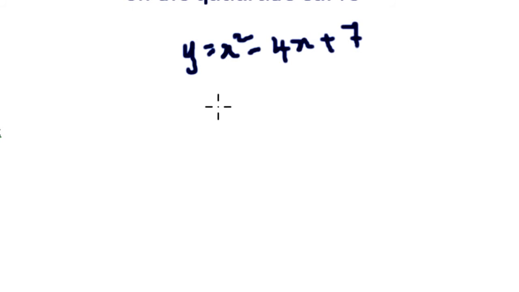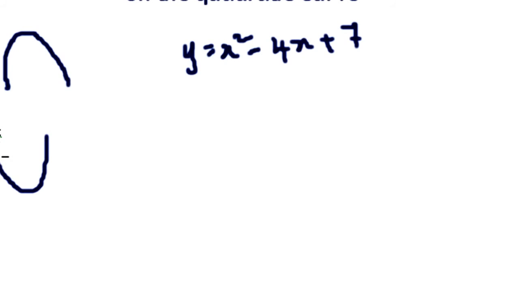By looking at the equation, you don't know whether the curve shape will be like this or like this. If the curve is like this, it should have a maximum value of turning points, and this type of curve will have a minimum value of turning points.